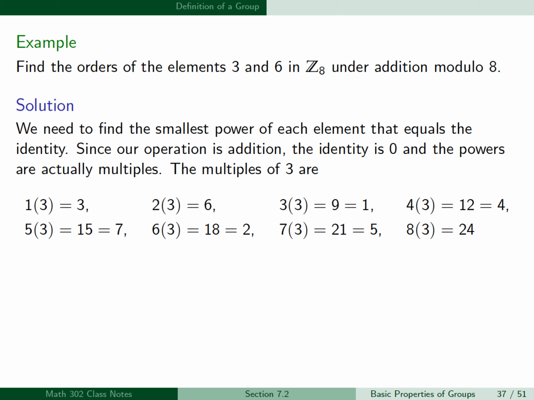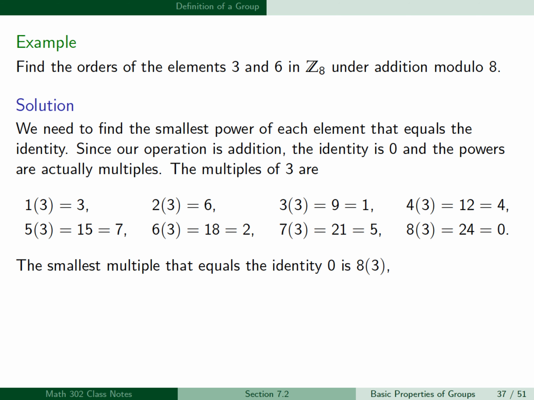And 8 times 3 is 24, which in Z8 is 0, which is our identity element. So the smallest multiple of 3 that equals the identity element is 8. And so the order of 3 is equal to 8.